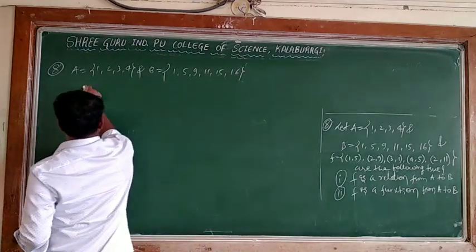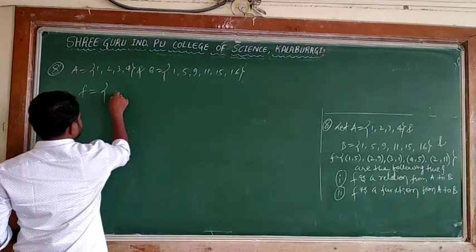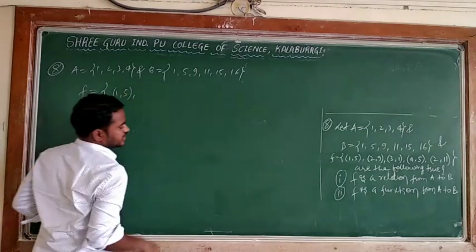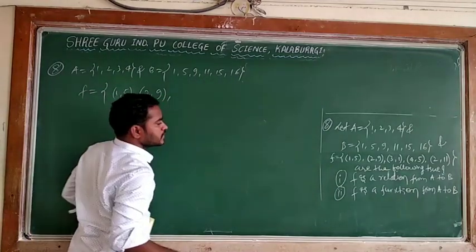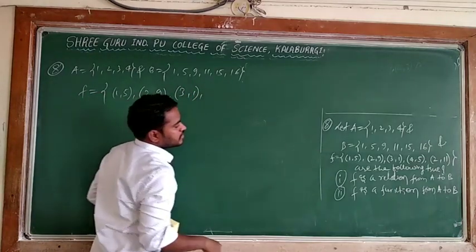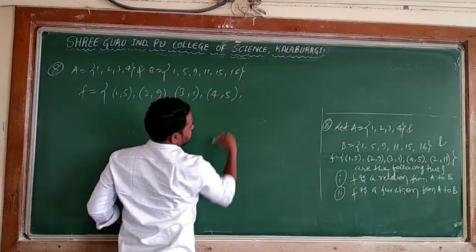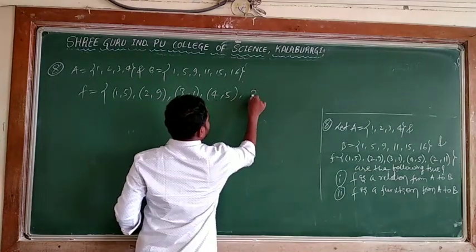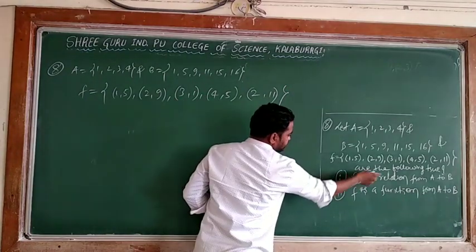And also f is given as (1, 5), (2, 9), (3, 1), (4, 5), then (2, 11). He is asking that using this, are the following true?